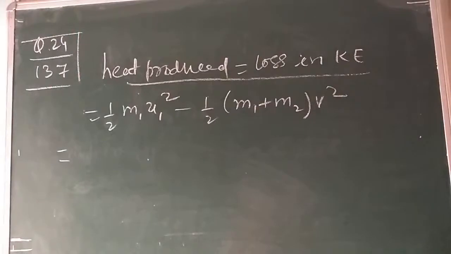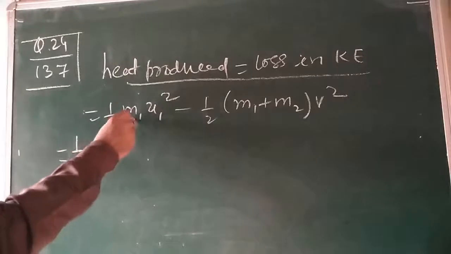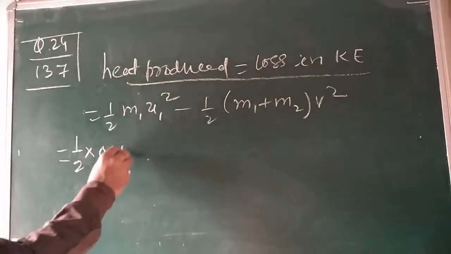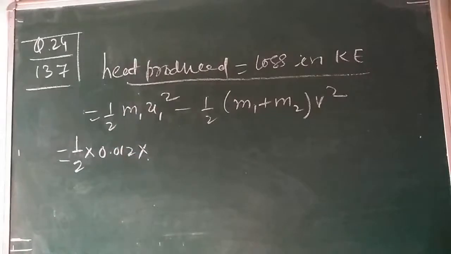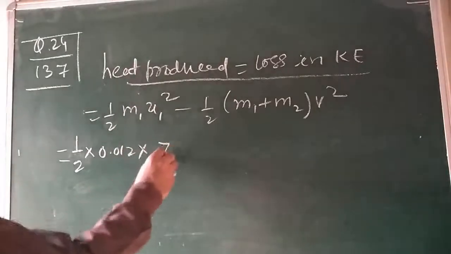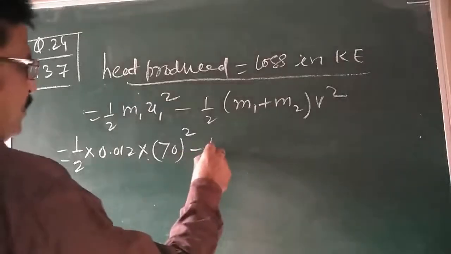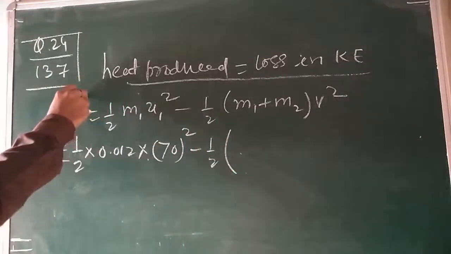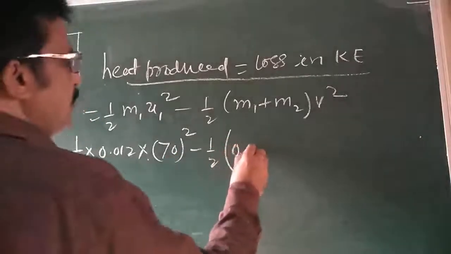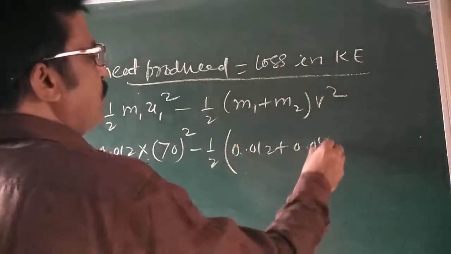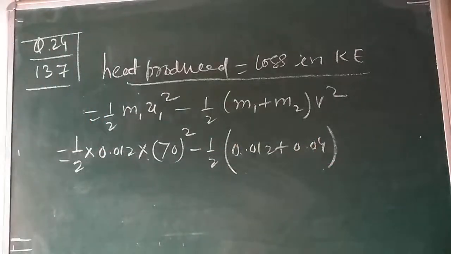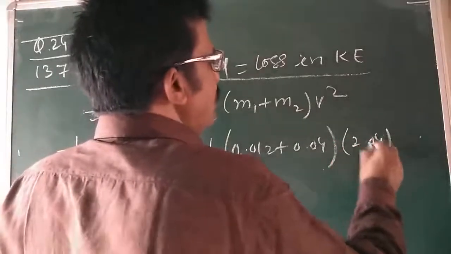All the values are with me. 1 by 2 m1, that is 0.012, u1 is given 70 meter per second, minus 1 by 2 into m1, what is m1? 0.012, plus what is m2? 0.4, and v that we have calculated, 2.04 whole square.